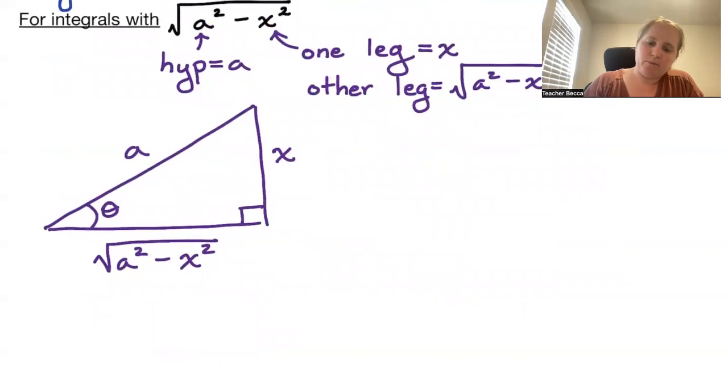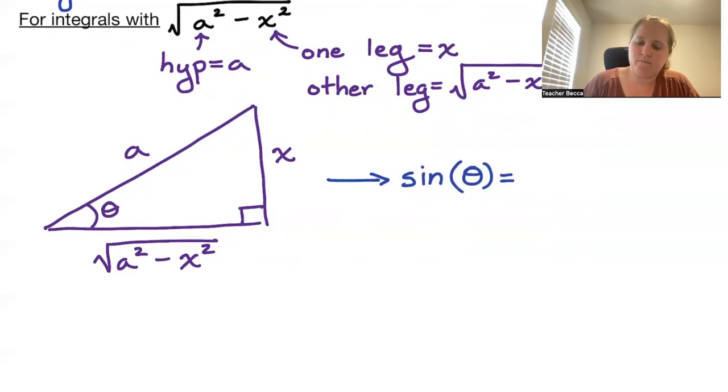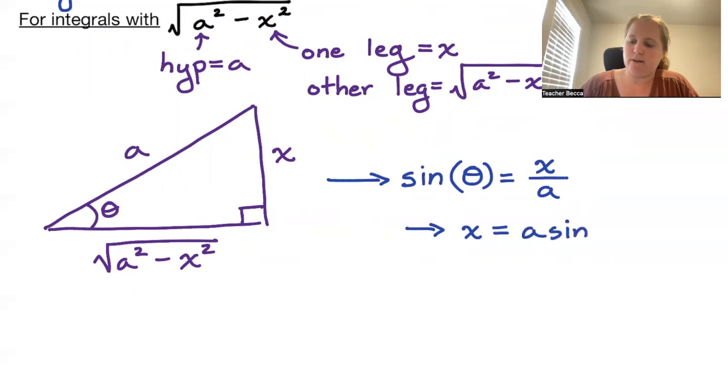So what we get from here then is that we have sine of theta is x over a, or in other words, x is a times sine of theta. And for substitution, we also need a dx.